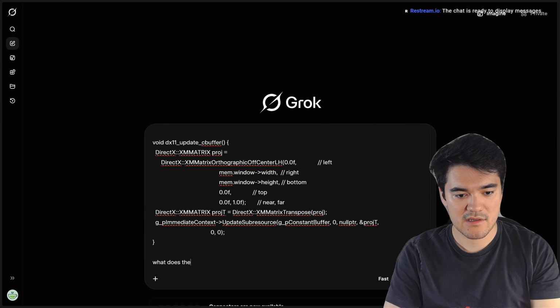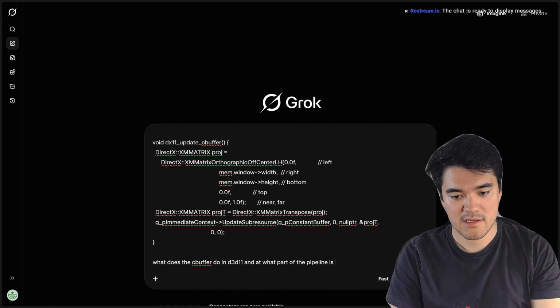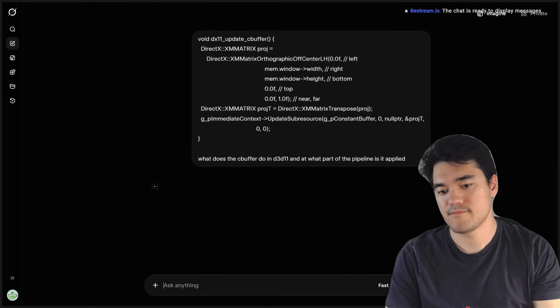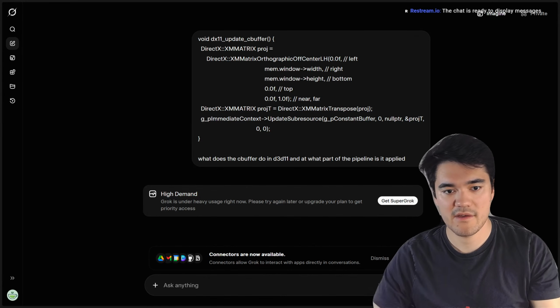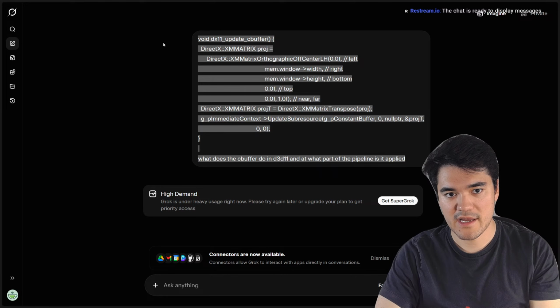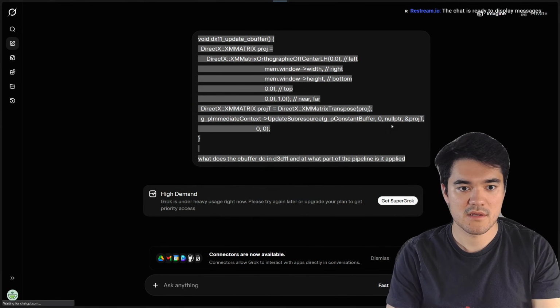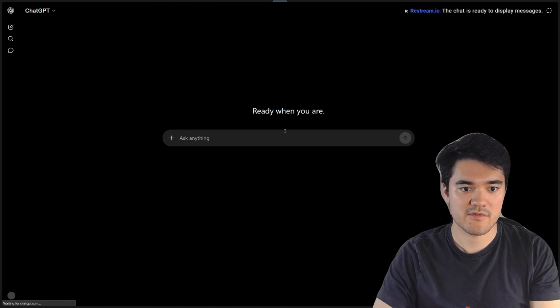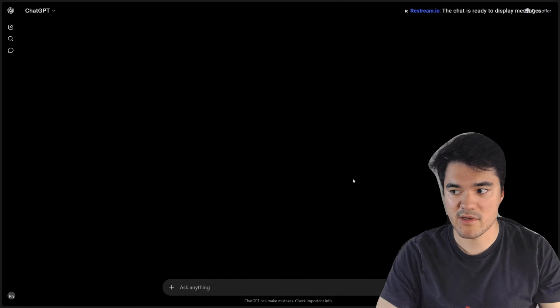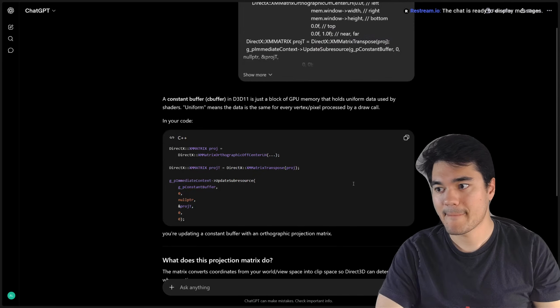What does the C buffer do in D3D11, and at what part of the pipeline is it applied? Oh, that's awesome. All right, I guess we will ask Mr. Jippity. Everybody's asking Grok right now, some stupid baloney. Just can't get on there.